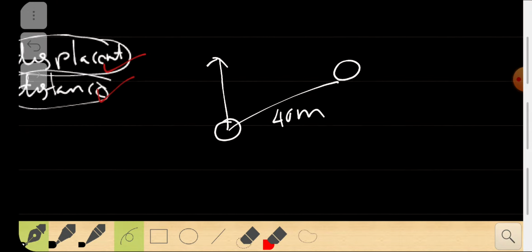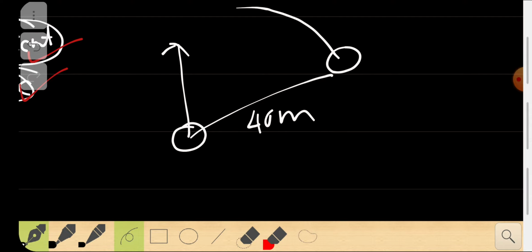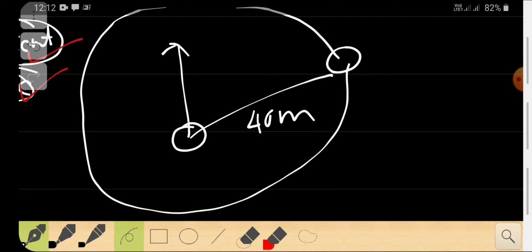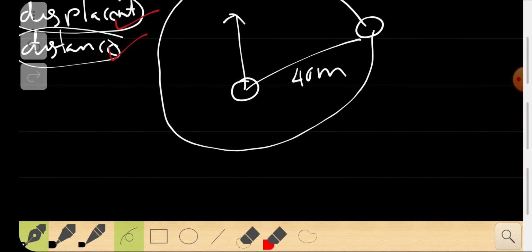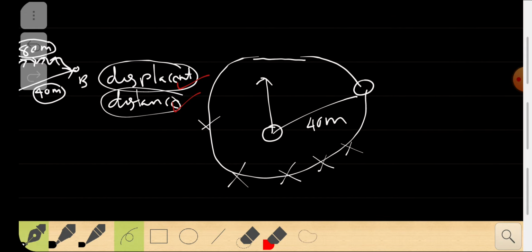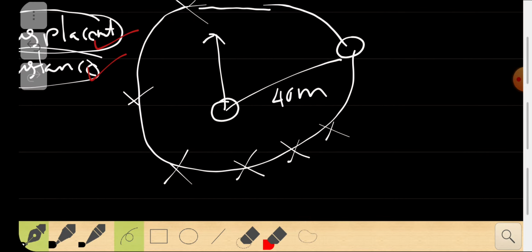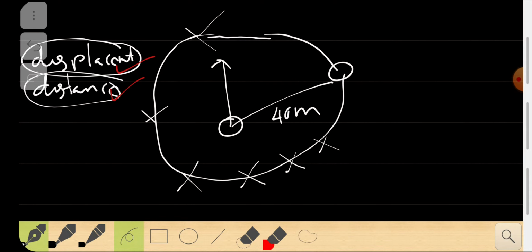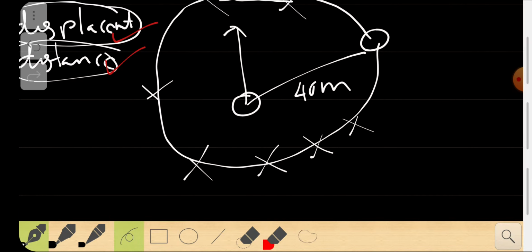But that doesn't mean much, because 40 meters can be a perfect circle around your home, and so the grocery shop can be in any direction. It could be anywhere in this circle. It's a perfect circle, but I drew it like this. Sorry about that. But that's what happens when you say that you are 40 meters away from your home. So you cannot pinpoint.